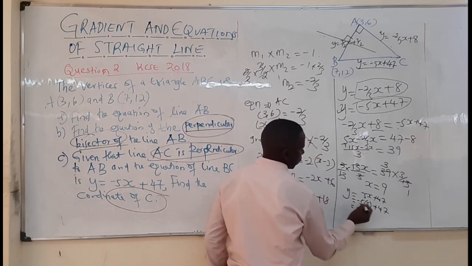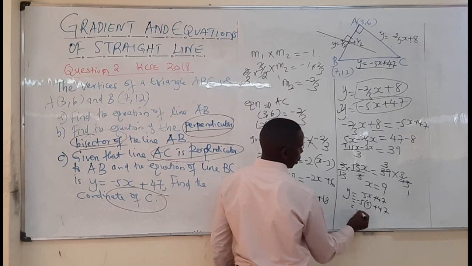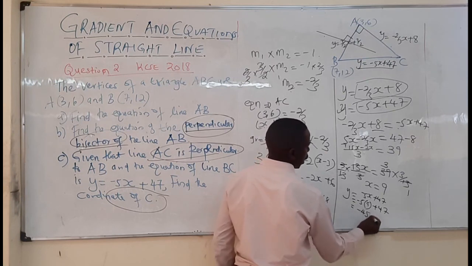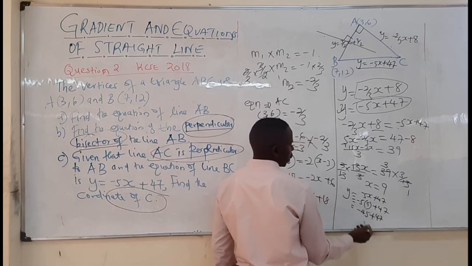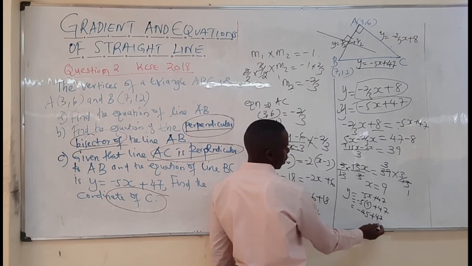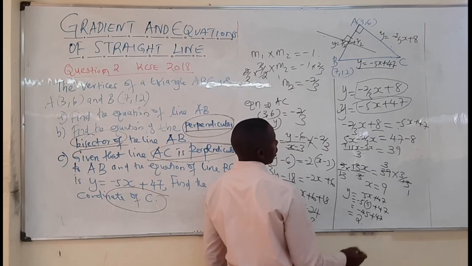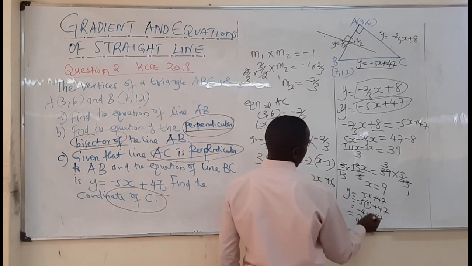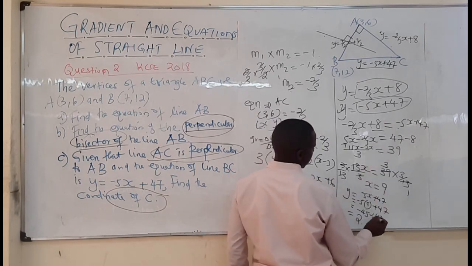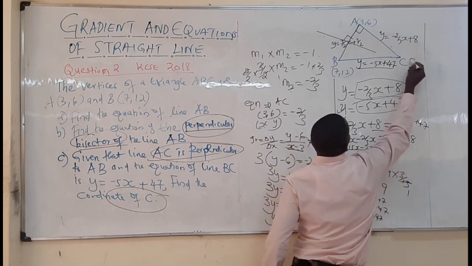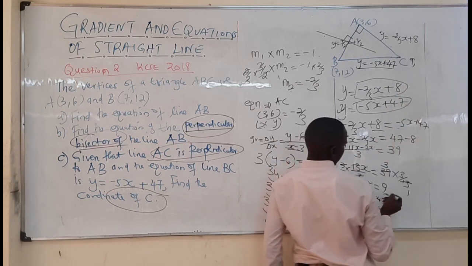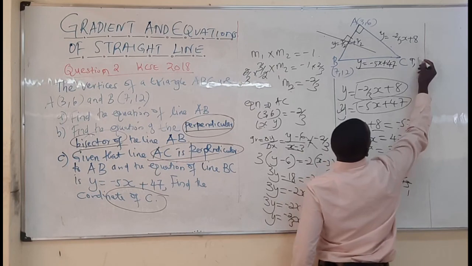That is minus 5 times 9, which gives minus 45, plus 47, which should be equal to positive 2. Hence, our point C is x is 9 and y is 2. So that is our coordinate.